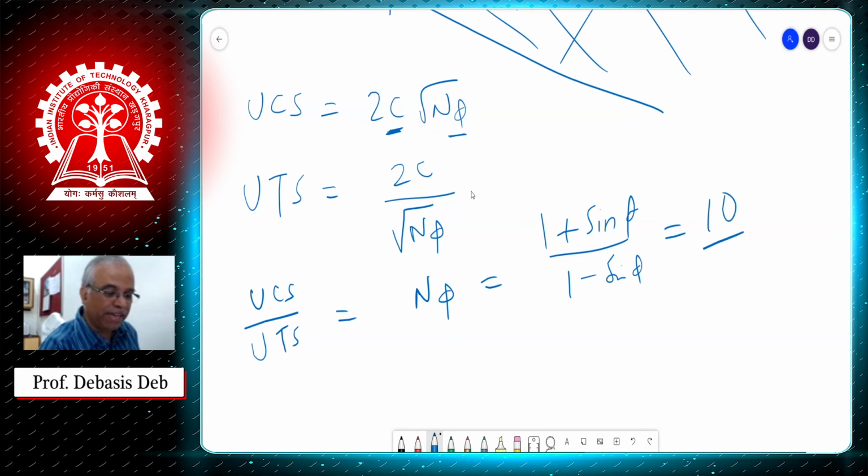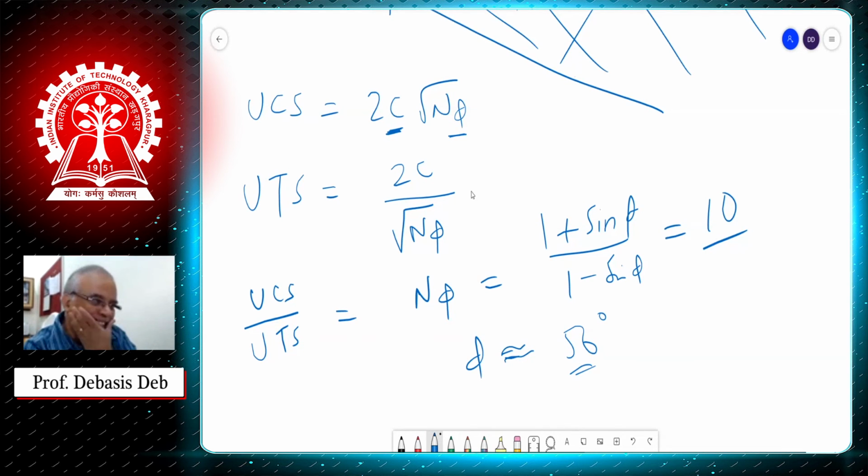Let's say I give the value 10, that UCS divided by UTS of a rock is 10. Then what is the value of phi? You can quickly calculate. If you calculate, the phi normally comes, I think, 56 degrees or so.